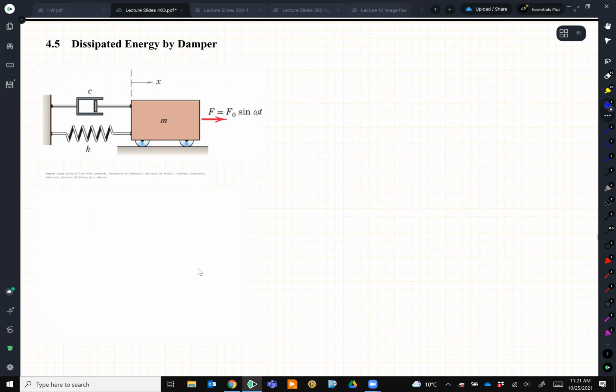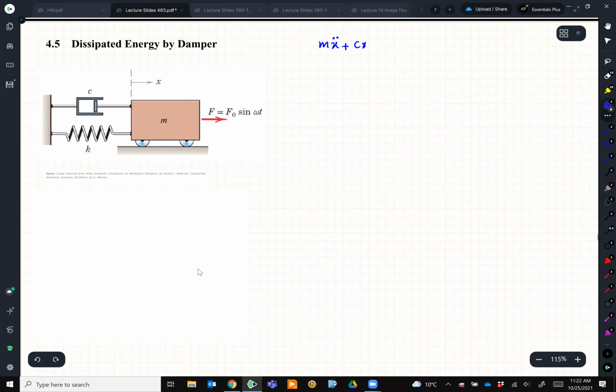We write down the equation of motion, which you know, so I'm not going to repeat it. It's m x double dot plus c x dot plus k x equal to F0 sin(omega t). That's our equation of motion.